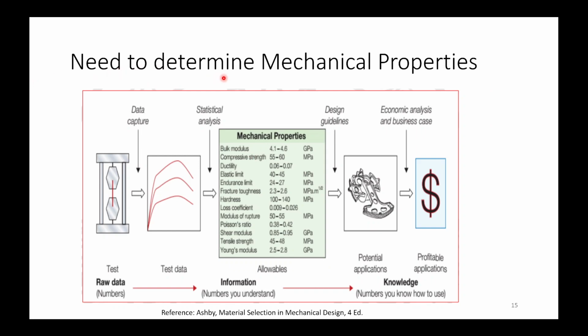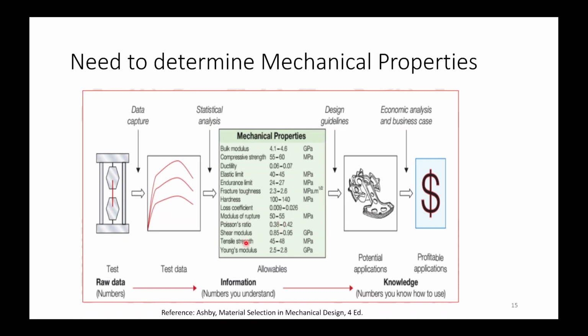Now we need to determine mechanical properties. One example is by using the tensile test, the ultimate tensile testing. In this we perform the test, then we get the data and plot it in terms of stress-strain diagrams. By analysis we get information on various mechanical properties.